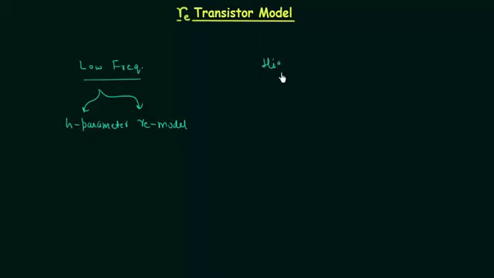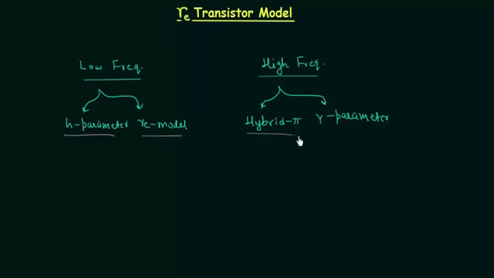For high frequency, we have the hybrid pi model. And we also use the Y parameter model for high frequency. In this course, we only have to learn the H parameter model, RE model, and hybrid pi model.